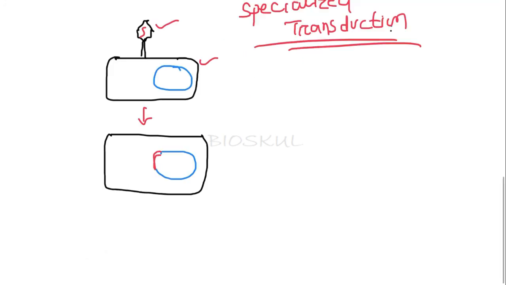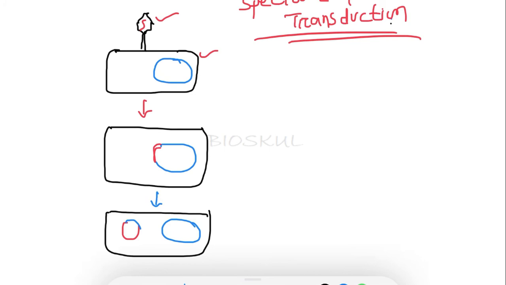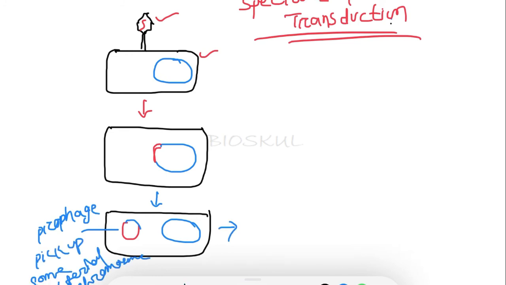Then in the next step, during the disintegration, it picks up some of the bacterial chromosome. In the next step, there is replication of viral DNA and destruction of bacterial DNA.